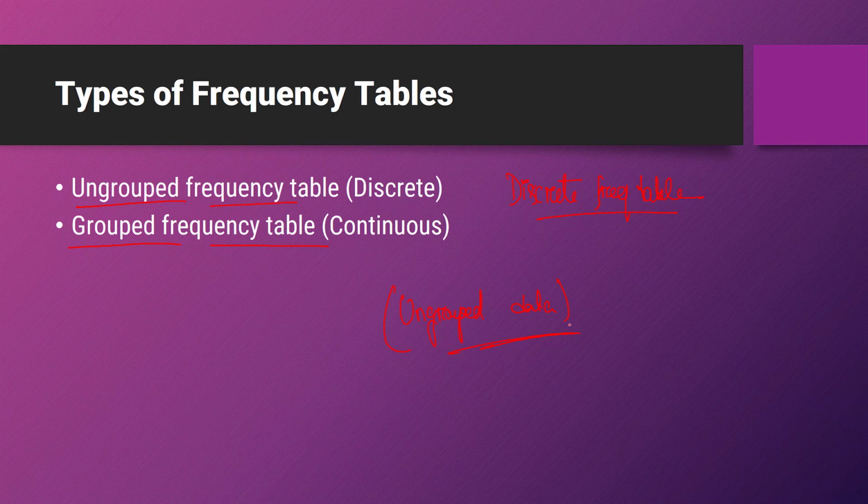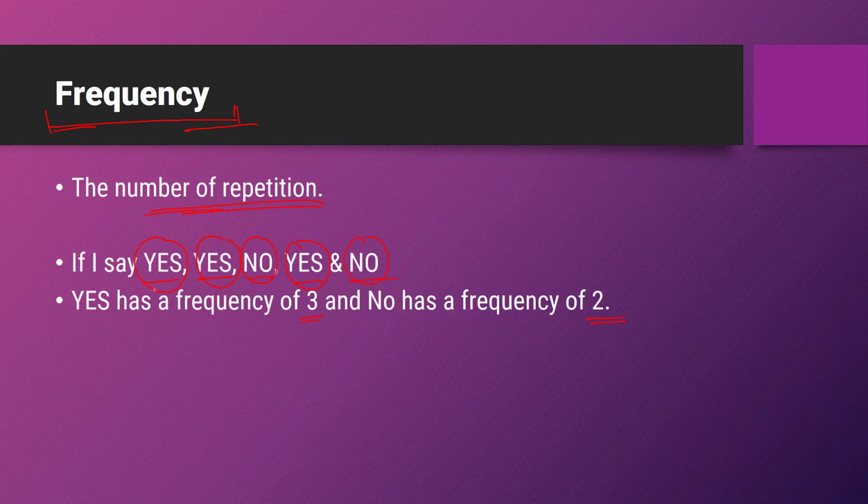Ungrouped data is those data where you don't group them. Say for example, in this case we have just some values, right? Information: yes, yes, no, yes, no. We have not classified them according to any criteria. So if you don't classify your data, that data is called ungrouped data. If you don't make any tables or group or classification, those kinds of data are called ungrouped data.